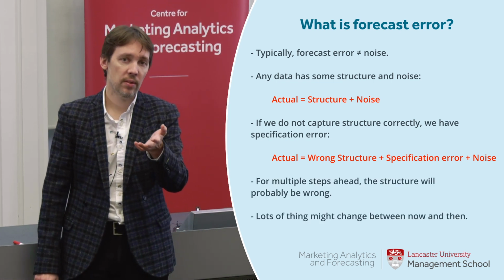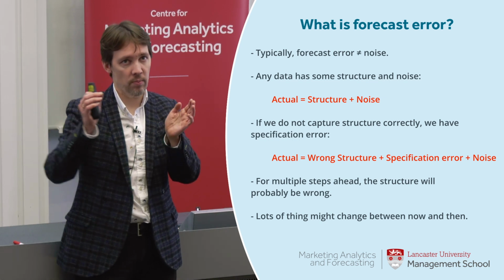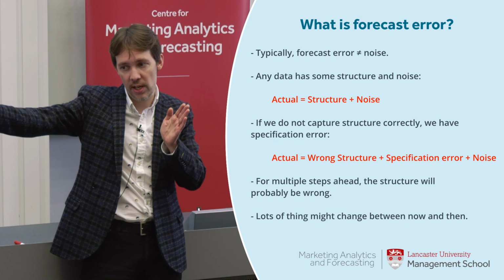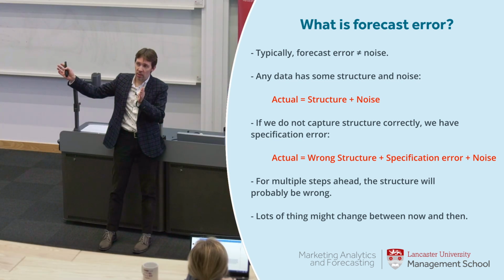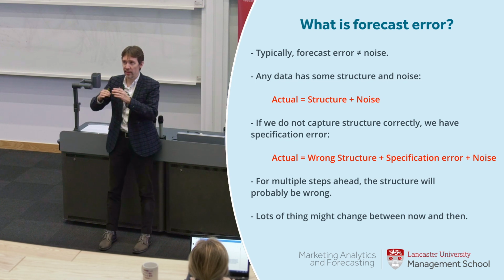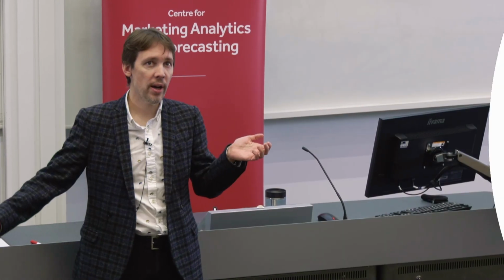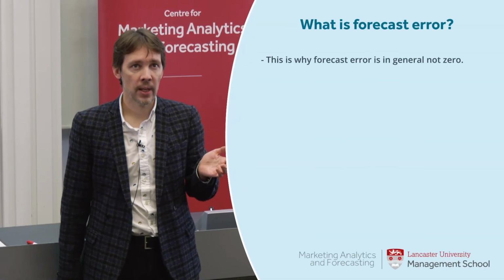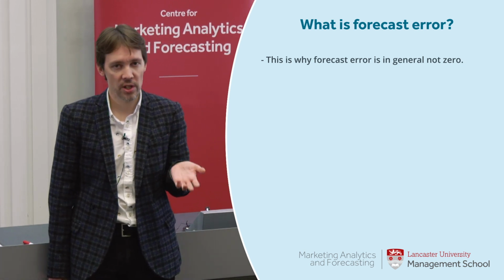And this happens especially when we produce several steps ahead forecasts, because between now and, let's say, 6 weeks ahead, many things will happen, and most probably your level of sales will change somehow. So we will probably miss some information. That's why they are not the same thing, and that's why the forecast error should never be equal to 0.